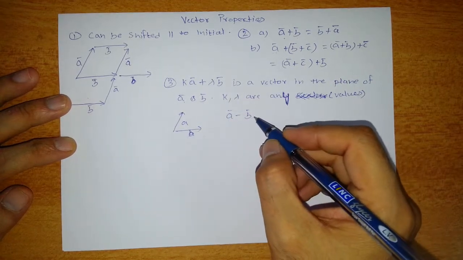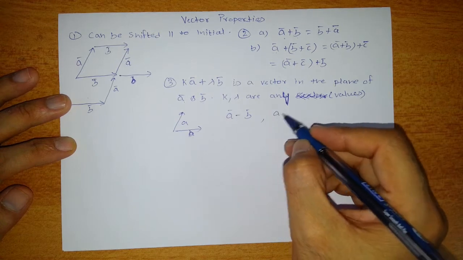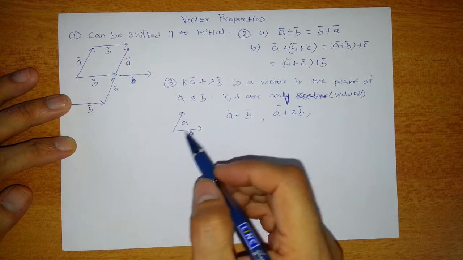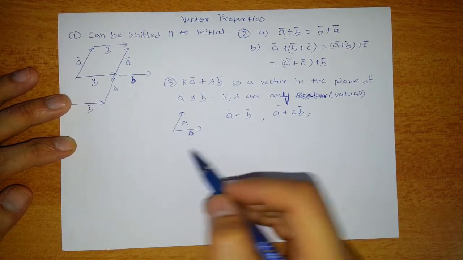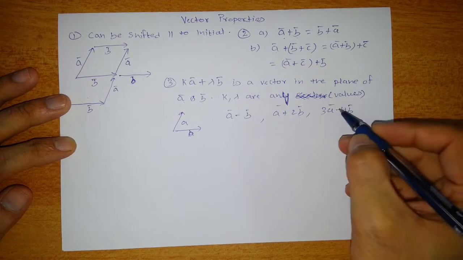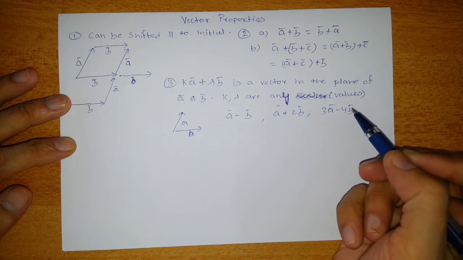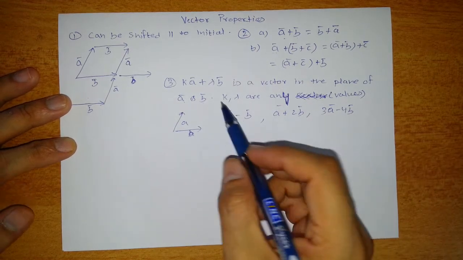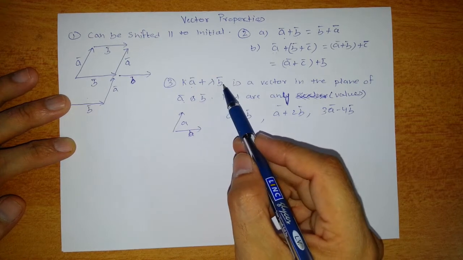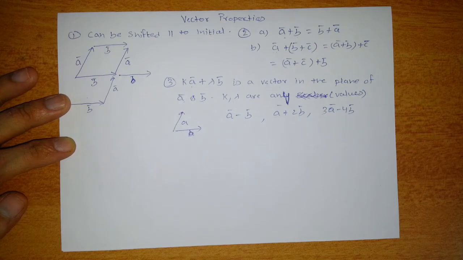So again A minus B will also be in this plane, and A plus 2B will also be in the same plane, the plane of paper, as A and B are in this plane of paper. Similarly, 3A minus 4B or anything. Just k and lambda are any values, they can be positive, they can be negative, but any linear combination of A and B, which is kA plus lambda B, will be in the plane of vectors containing A and B.